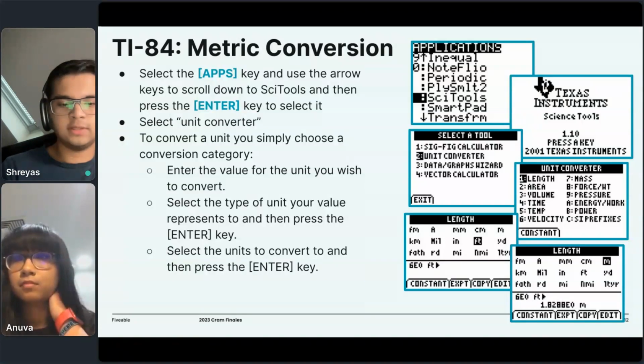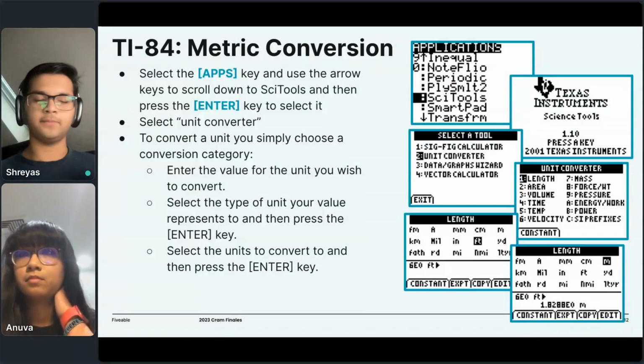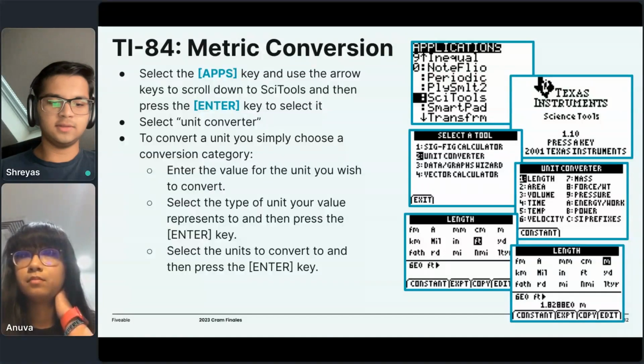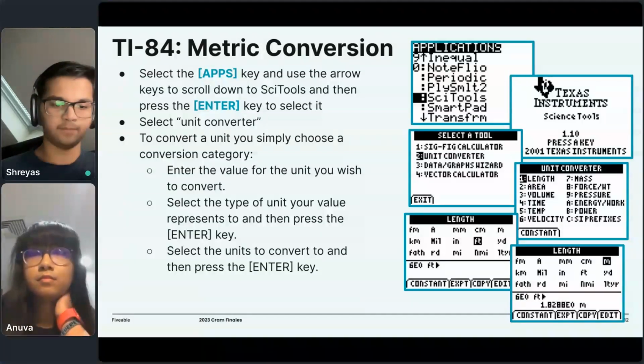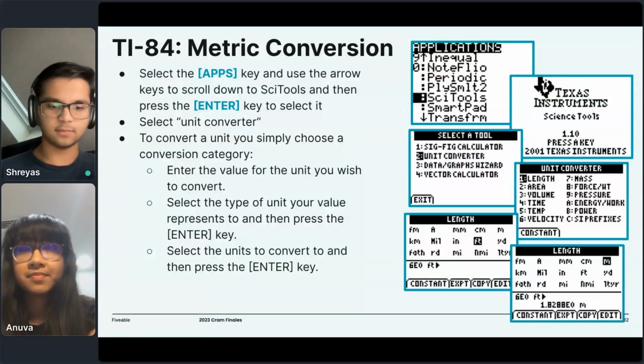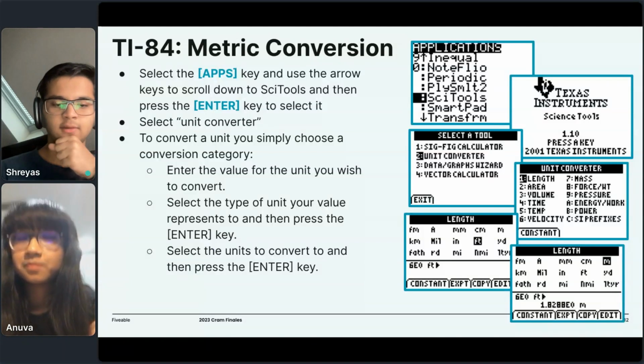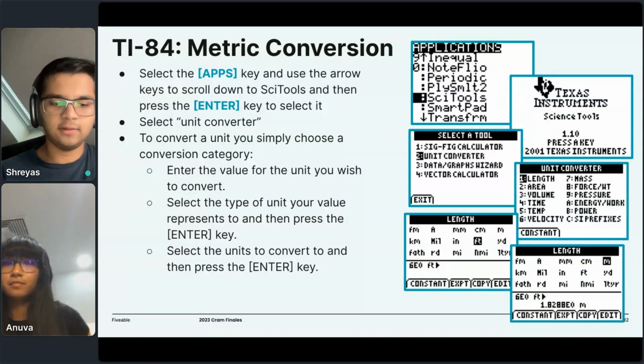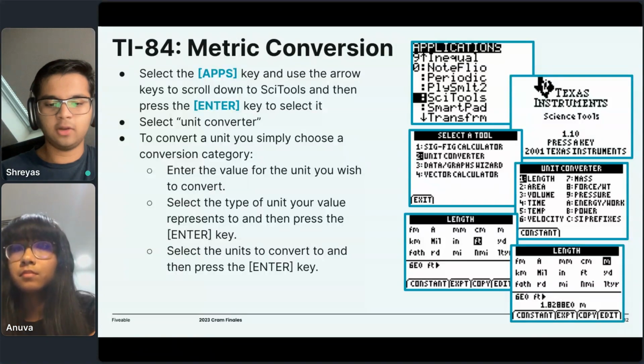Once you click conversion assistant, you'll be able to convert from the units to whatever units you want. So I'll do length. The first one will be length in the category list, and then I'm going to go from meter to centimeter.